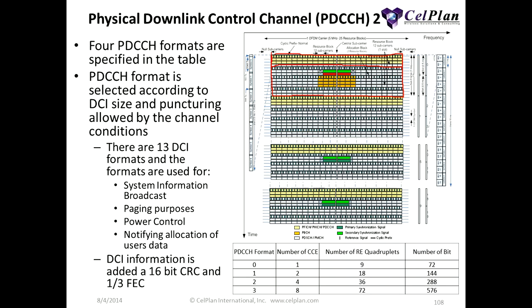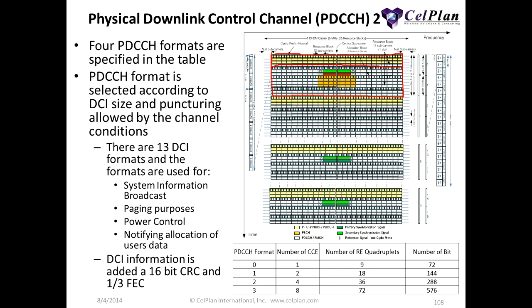It carries the PCFICH quadruplets, 4 quadruplets, whose location is based on PCI. It carries the PHICH, 3 times quadruplets times number of groups, also with location based on PCI. Whatever is left will carry the PDCCH channel.